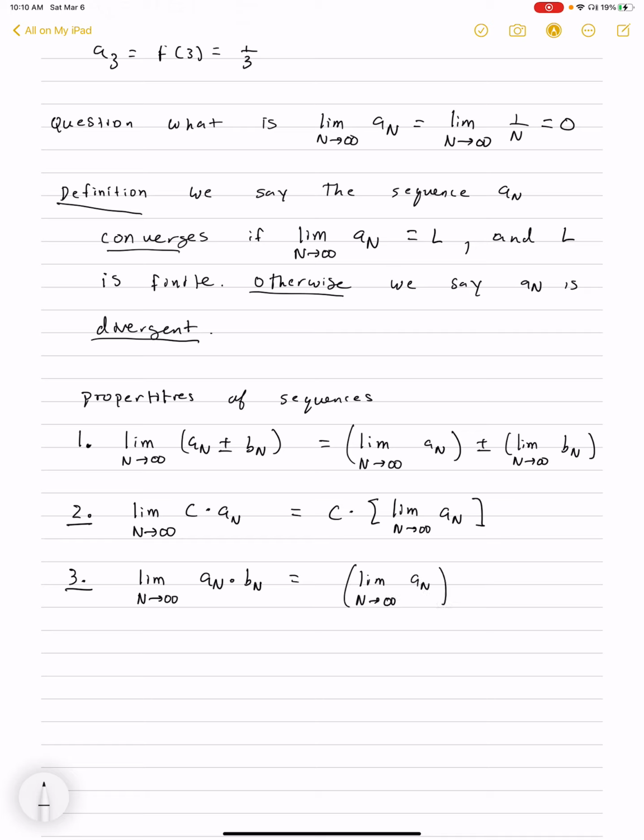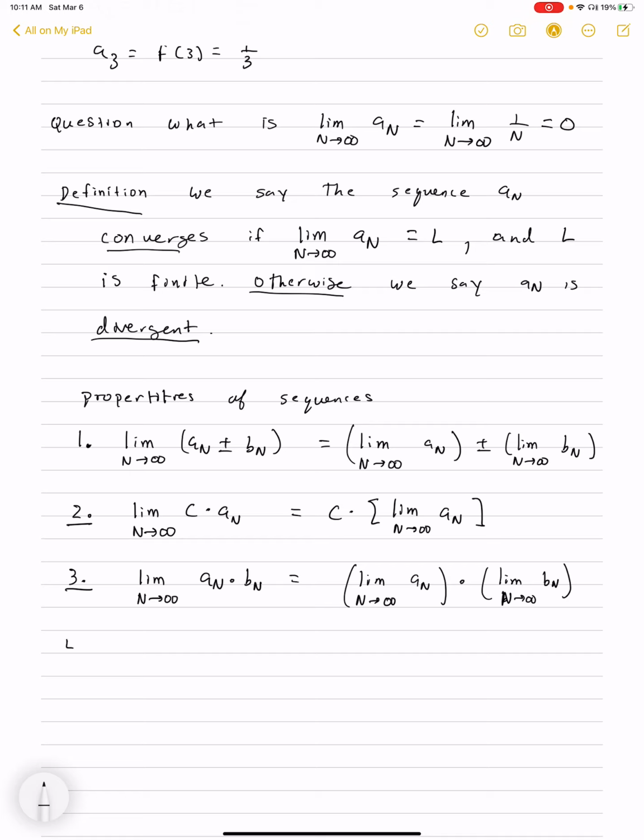And this one also is more general. So if you have division, this implies that the limit of a n over b n is also the limit of a n divided by the limit of b n. But this is implied by property 3, so I'm just going to write the single property.